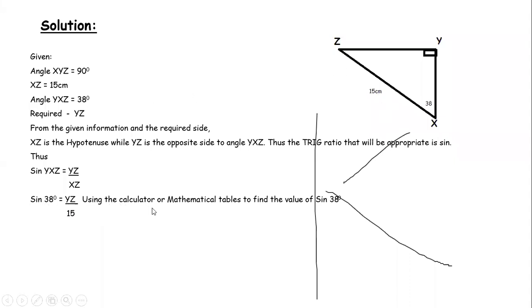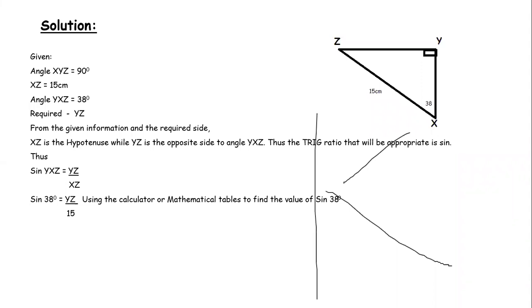So if we use our calculator or mathematical table, we need to find what sine 38 degrees is. Depending on the kind of calculator you have, some, you just press sine, then press 38, and it will give you the value. Some, you will need to press 38 before you press sine.